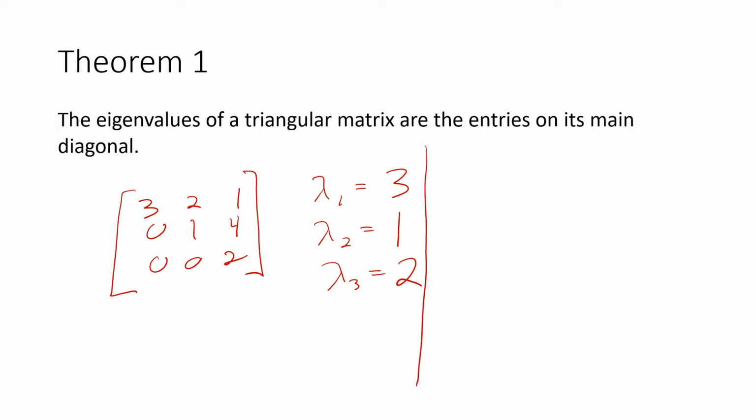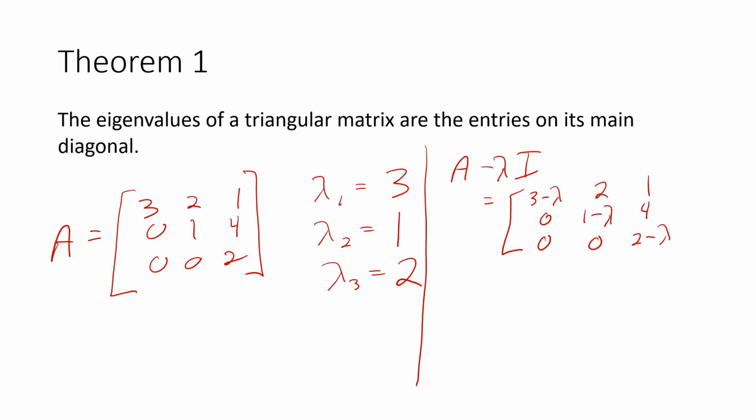We are looking for where the determinant of the matrix minus lambda times I is equal to 0. So what is our matrix minus lambda times I for this matrix A? This is equal to 3 minus lambda, then zeros, 2 and 1 minus lambda, and 2 minus lambda. That is the matrix A minus lambda I.